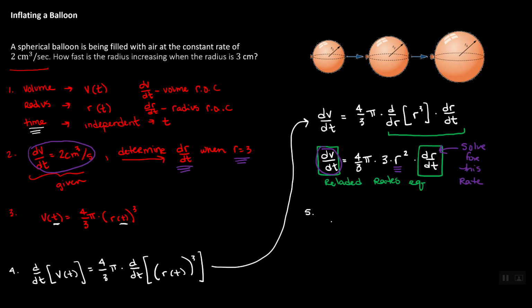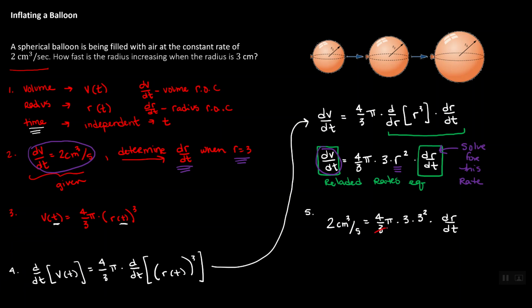So our related rates equation becomes 2 cubic centimeters per second is equal to 4/3 pi times 3 times r squared. Using r equals 3, that becomes 3 squared, times the dr/dt that we're looking for. We can simplify this a tad bit. I see that we have a 4/3 as well as a multiple of 3.